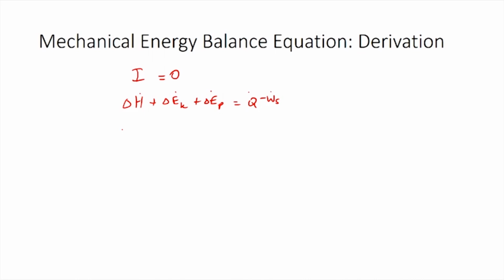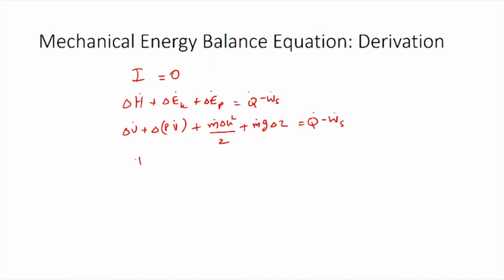This delta H dot can be written in terms of internal energy and specific volume. So, let us do that. The delta H dot value you have can actually be written in terms of internal energy. So, then the equation would become delta U dot plus delta of PV dot plus Ek dot, which would be m dot delta u squared divided by 2 plus Ep dot, which would be m dot g delta z equals Q dot minus Ws dot.